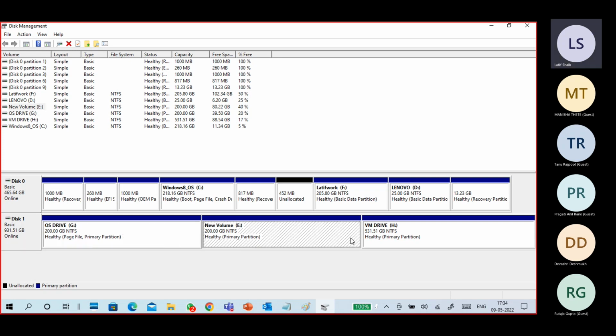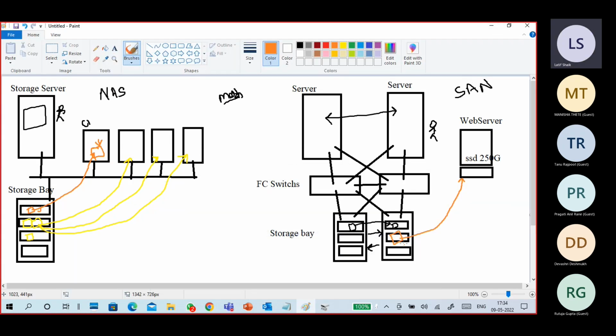This is a local disk, right? Both are local disk, DAS only, direct attached storage only. But how does it look? Similarly, the storage, you got it. You take 1 terabyte here and attach it to this one.